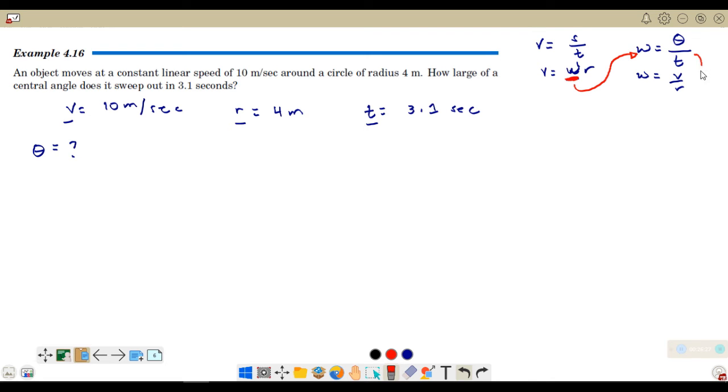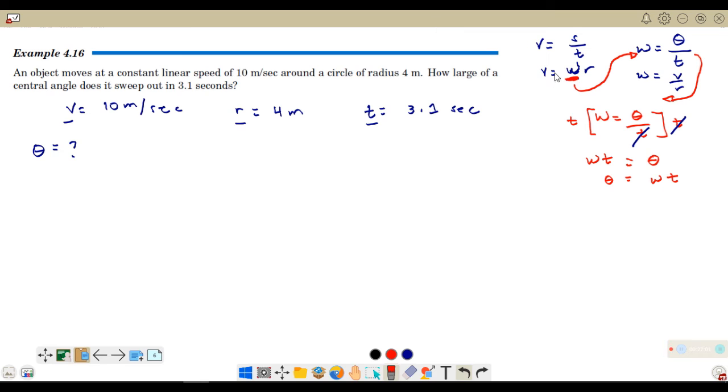To get theta, we have omega is equal to theta over t. Let's get rid of t here, using multiplication property of equality, omega t, or t omega, is equal to theta, or theta is equal to omega times t.